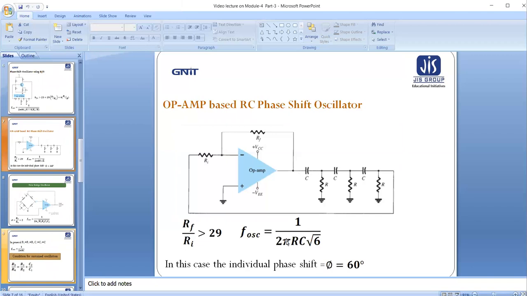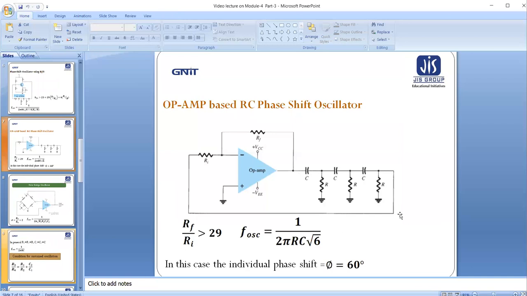If in any case we introduce 4 RC stages, then the phase shift of each individual network will be 180 degrees divided by 4, that is 45 degrees, and in that case the frequency of oscillation will be 1 by 2 pi RC root over 2 into 4, that is root 8.